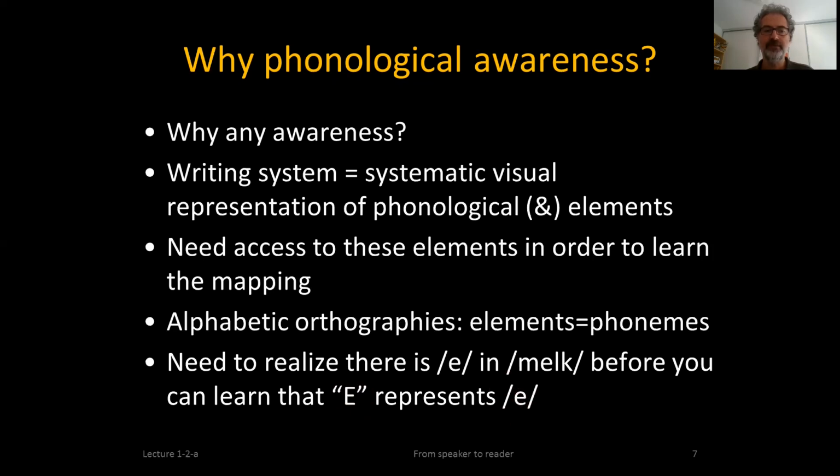So before you can learn the connection from this thing to this thing and backwards, you must be able to have this thing in your thoughts. So you must be able to perform this phonological awareness task.